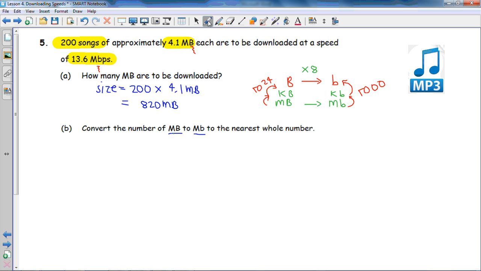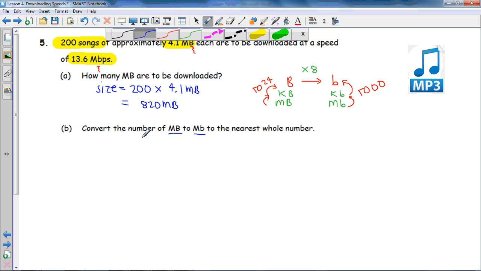So that means we have to do it the long way. We have to go from megabytes to kilobytes to bytes, across to bits, kilobits, megabits. Therefore, this arrow here, you can't have. You can't go directly. You've got to go up the chain and then back down the chain.